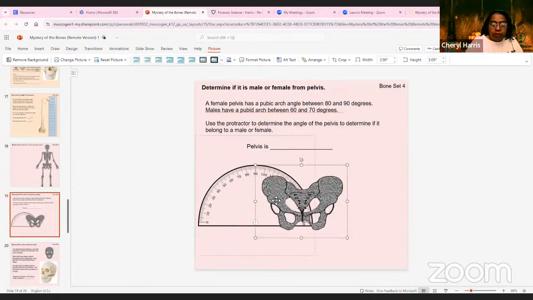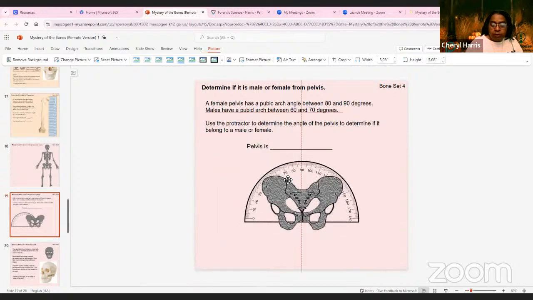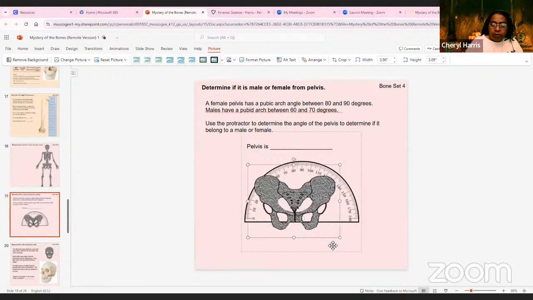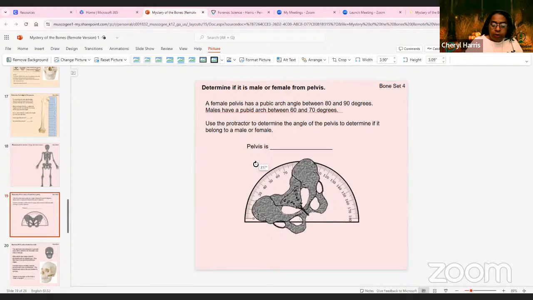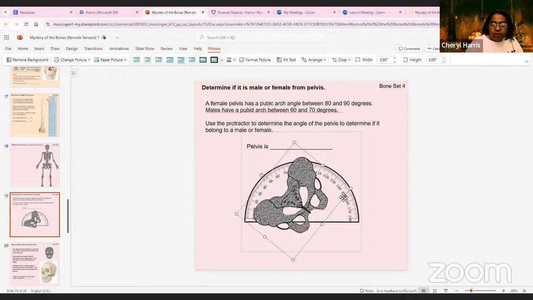Let's move the pelvis there. Let's move the protractor there. And then you can actually rotate this. So we want to rotate the pelvis like so. And that kind of gives you, and then you're estimating.